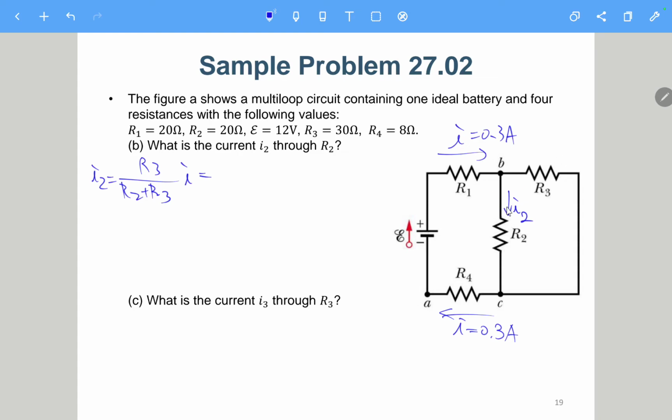Part of the current will go through R2, part of the current will go through R3, and the ratio is like this. The denominator is the sum of them, and the numerator is the other resistor. So this is 30 over 20 plus 30 times 0.3. So this is 0.6 times 0.3, which is 0.18.